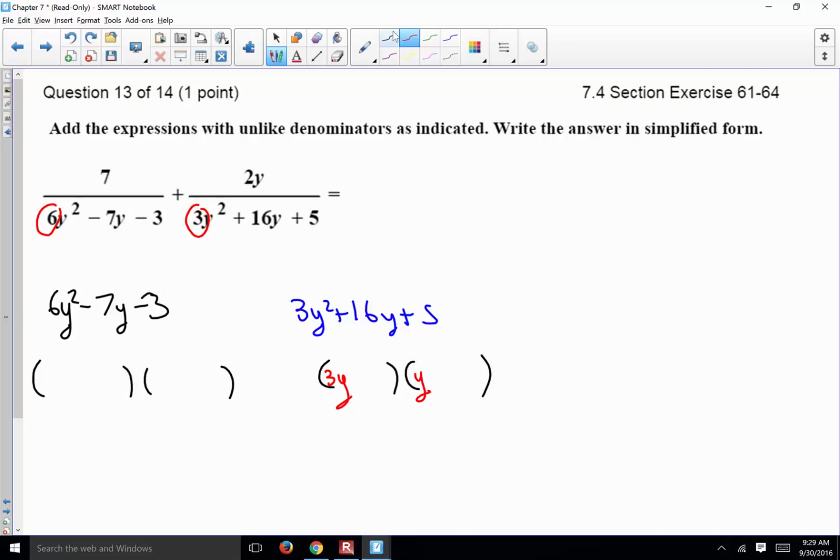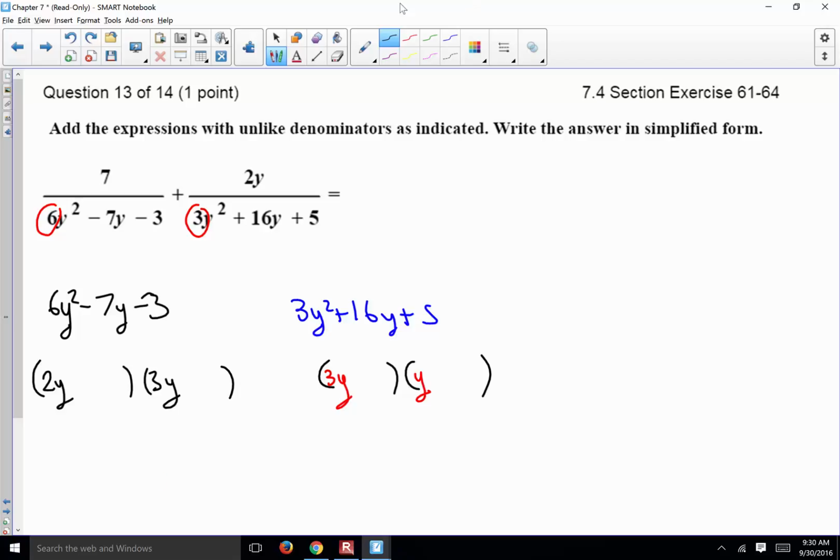I have no clue on this one. Probably it's going to be 6y and y. No, 3 and 2. It's going to be 2y and 3y. Yeah, 3 and 1 here. No, why am I telling you the right answer? Okay, you do it.